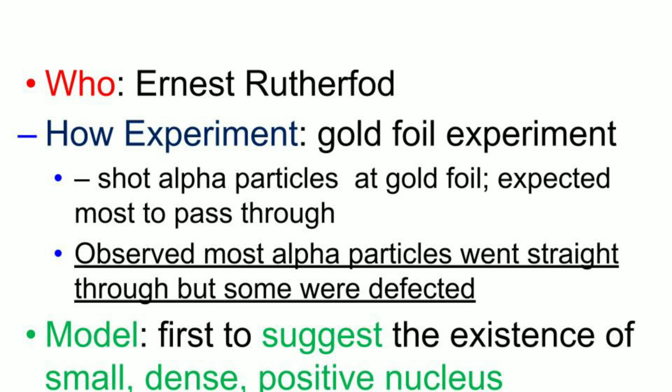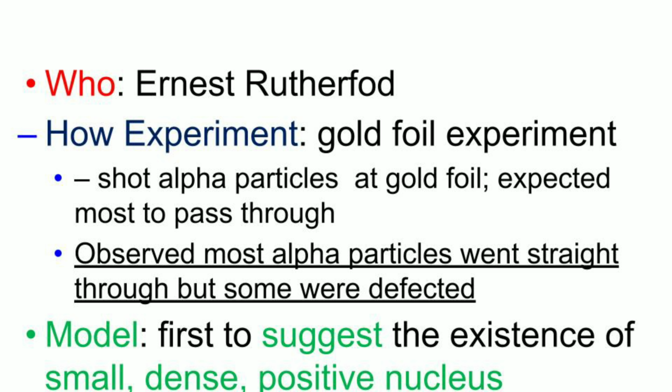Rutherford was a scientist who set up the gold foil experiment. It involved gold foil, a very thin sheet of gold assumed to be only 1, 2, or 3 atoms thick, and alpha particles. Alpha particles are positive particles that radiate from the nuclei of radioactive elements.